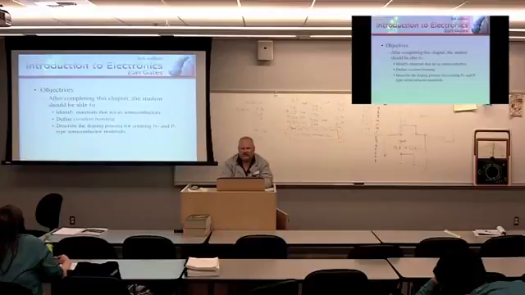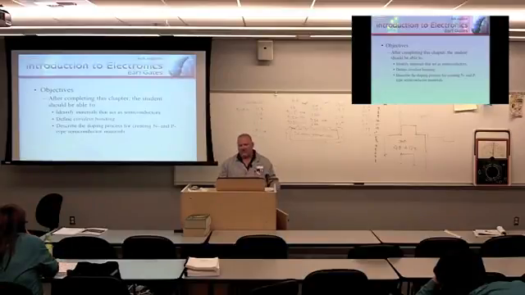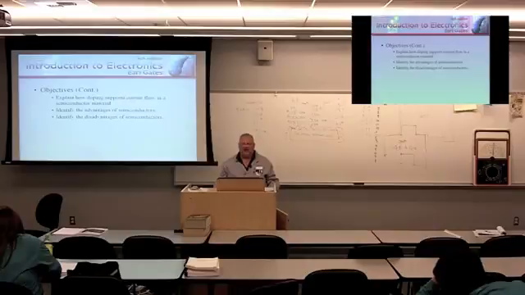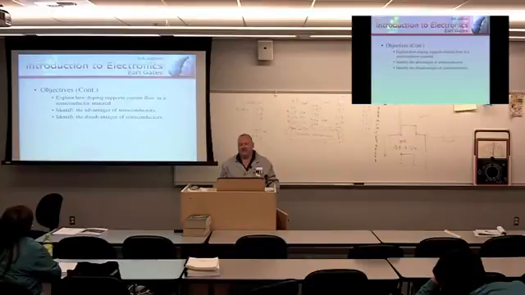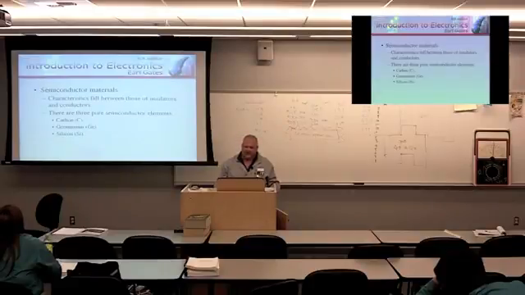This is different than the doping process that some of you may already be aware of. Describe the doping process for creating N and P-type semiconductor materials. Explain how doping supports current flow in a semiconductor material. Identify the advantages of semiconductors. Identify the disadvantages, because there are some disadvantages of semiconductors.